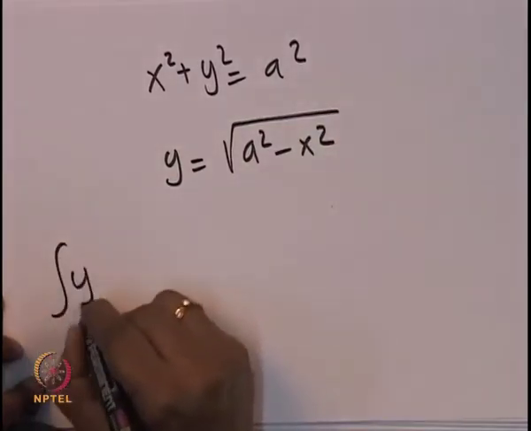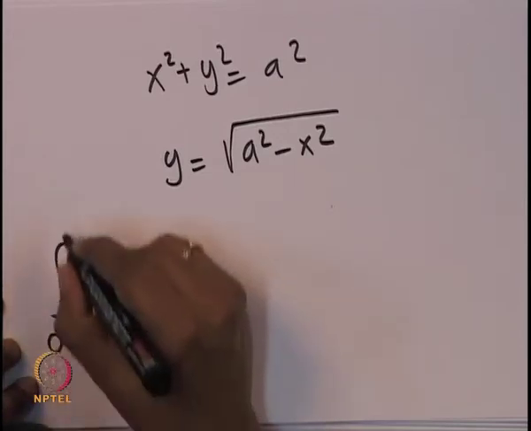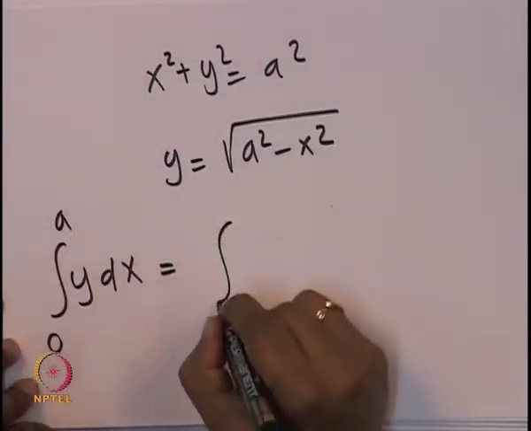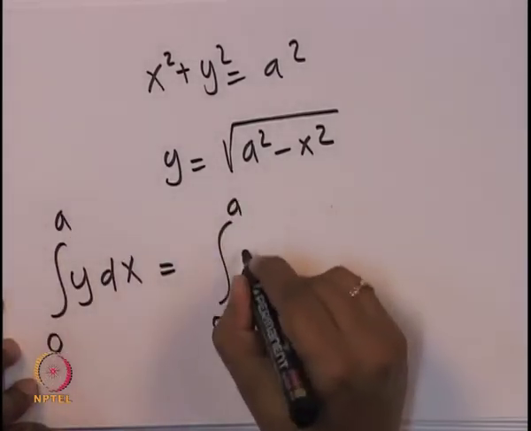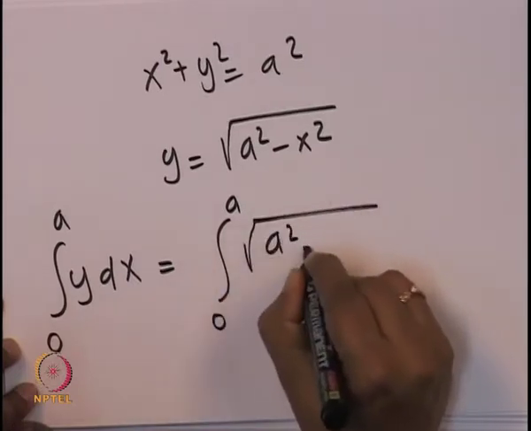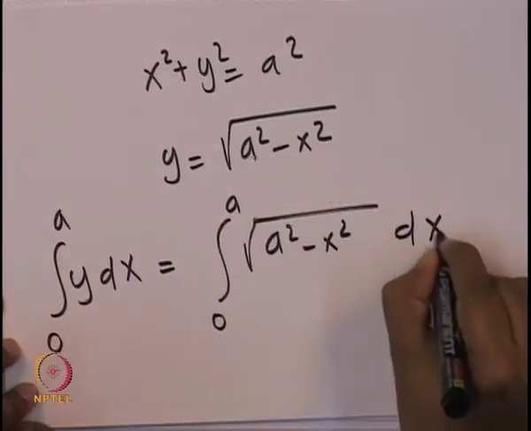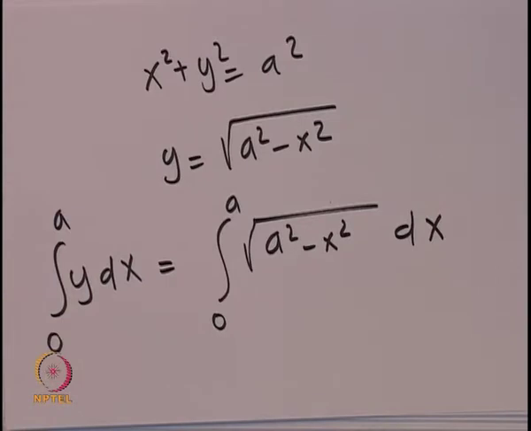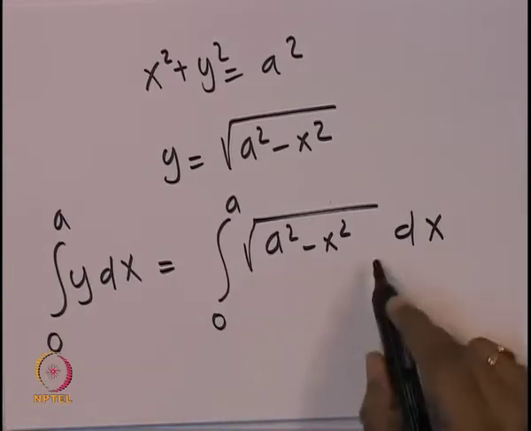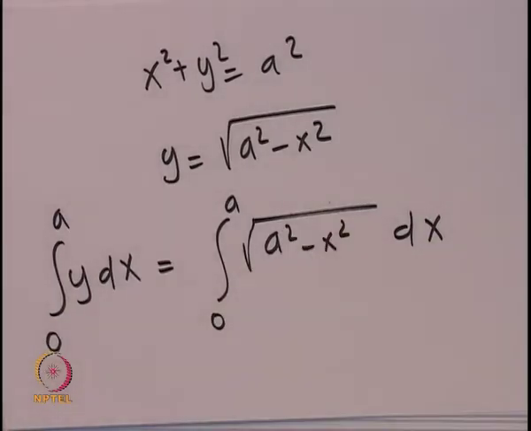So integral y dx from 0 to a will be the integral from 0 to a of root of a square minus x square dx. This is what you have to calculate.